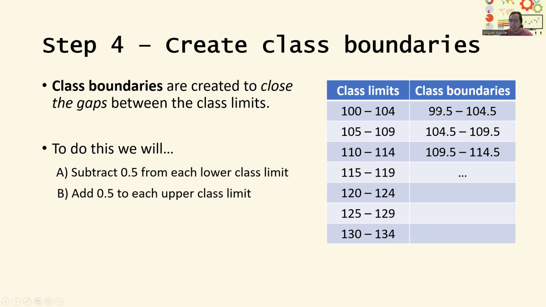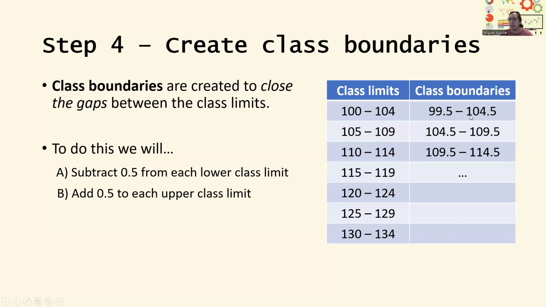Okay. And notice, now when you're looking at the class boundaries that you've constructed, there are no gaps between them. There is a boundary here between the classes, but there's no gap in between in the way that there was a gap between 104 and 105 where there could be decimal values between them.